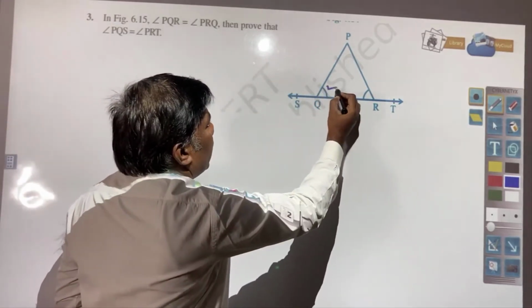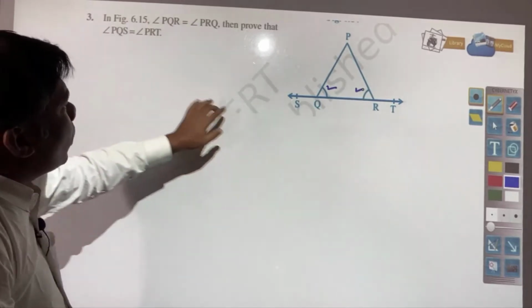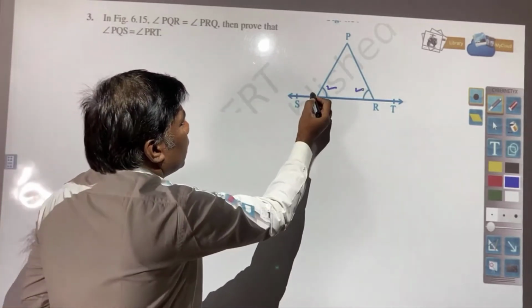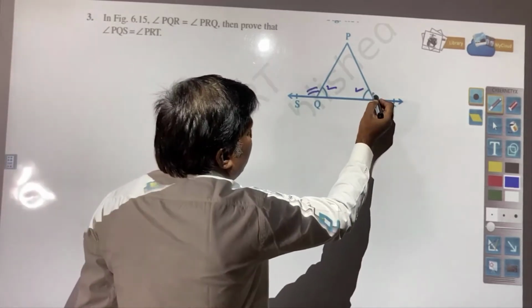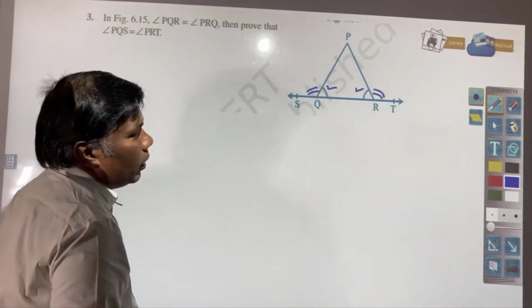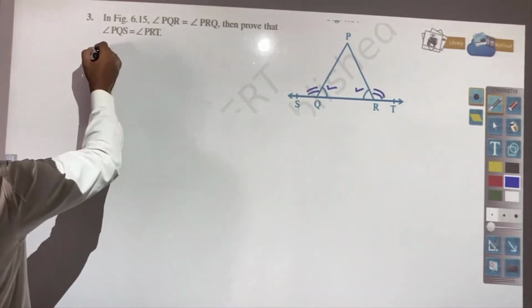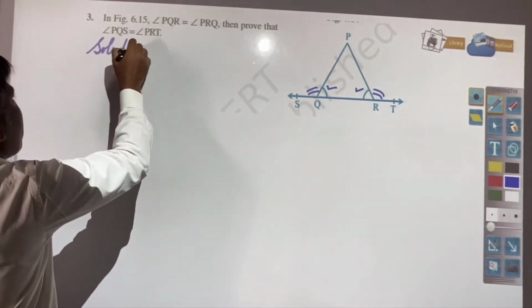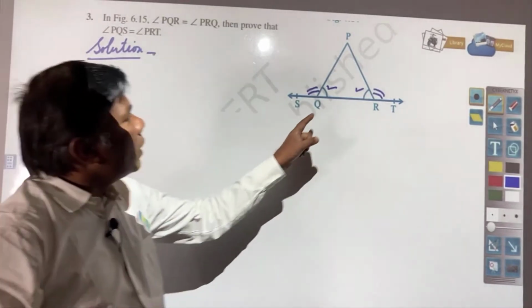This angle and this angle is equal. Then prove that angle PQS, this angle, and angle PRT, this angle, will be equal. That you need to prove. How will we prove? You see. So simple it is. Just you see.